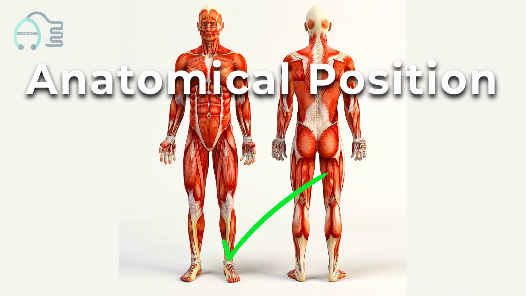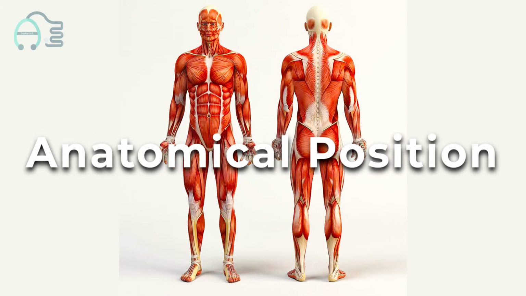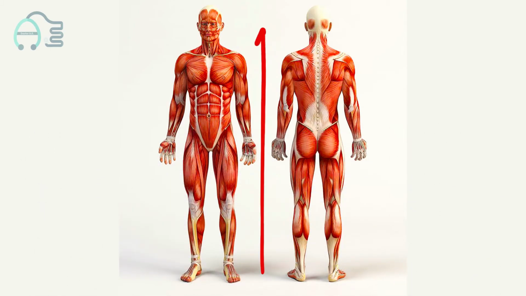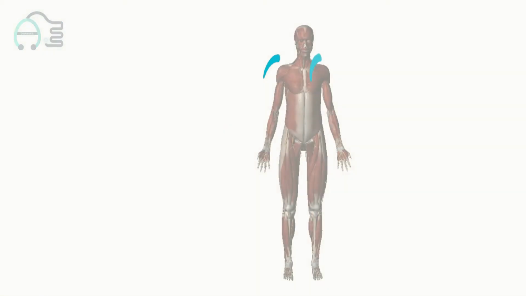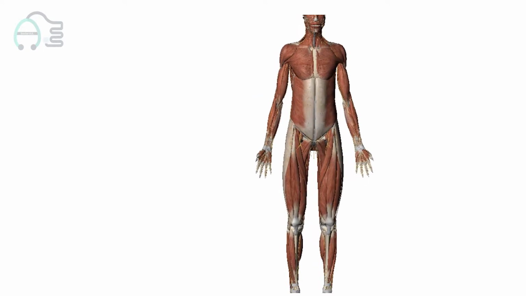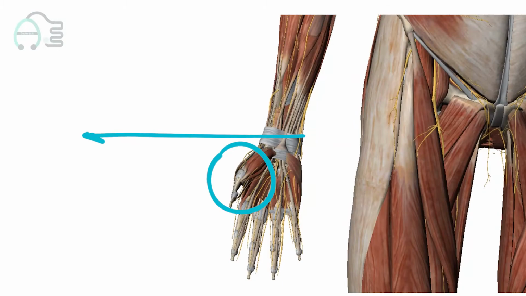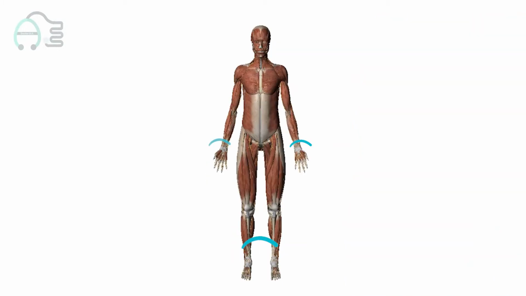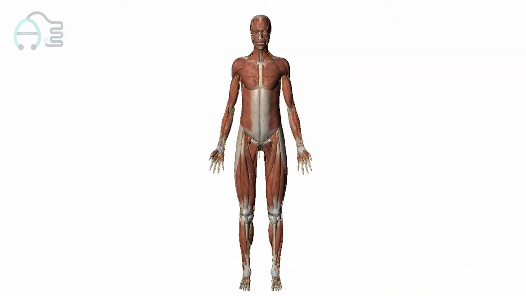Standard anatomical position. The body standing up straight and facing forward. The arms are by the sides of the body with laterally directed thumb. Palms and feet are facing forward. The legs are straight.